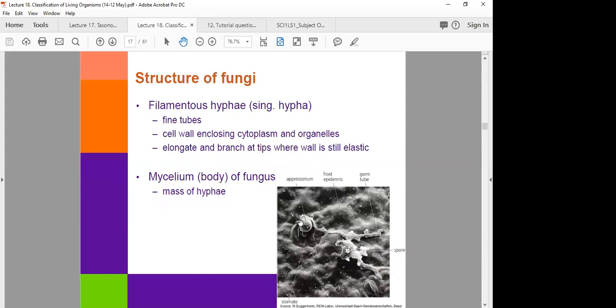Now, this one has actually found an entry point to the plant tissue. So then it starts to form this infection structure called an appressorium. Okay, the main body of the fungus is called a mycelium, and this basically just consists of a tangled mass of hyphae.